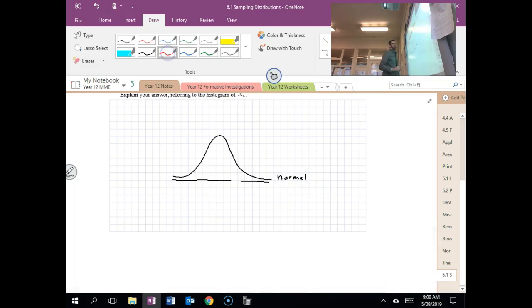If I draw the histogram of x bar 4, it's probably going to look something like this, with more area under the tail out here.